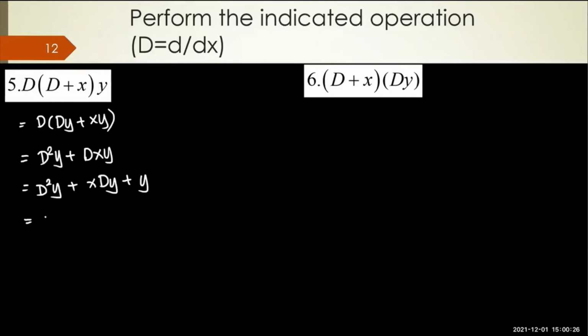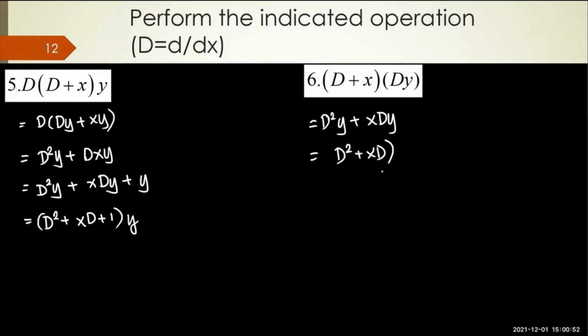If you want to move out so you can see the different forms, this one could be rewritten as this, right? Okay, last. So D squared y plus x D y. So here, if you want to remove the y, it's basically D squared plus x D.